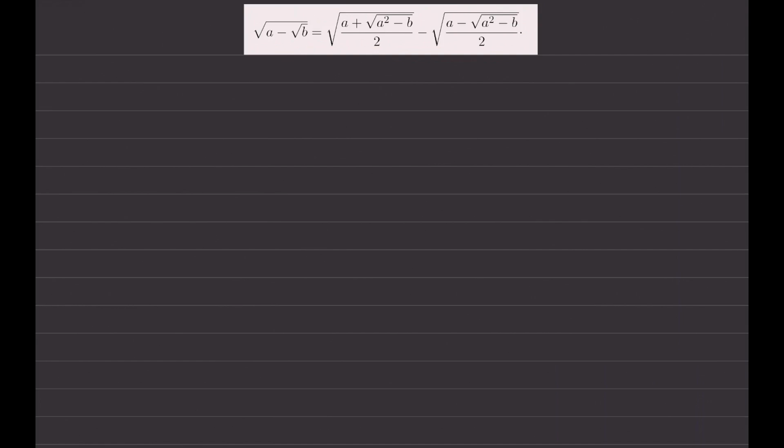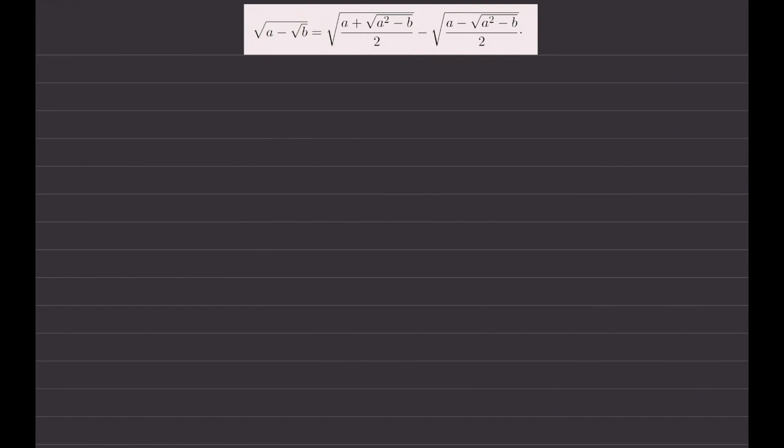But because we have that mindset, it might be a good idea to ask ourselves: is it possible to break this, I would say, compound square, because I have two square roots involved, into a sum or difference of two other square roots?